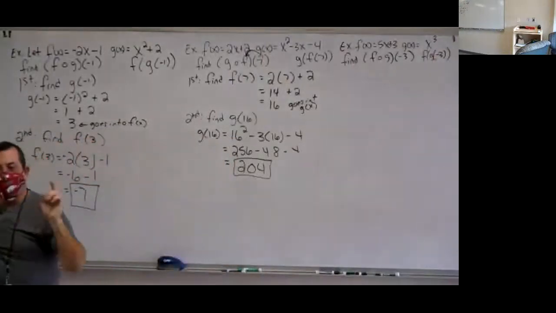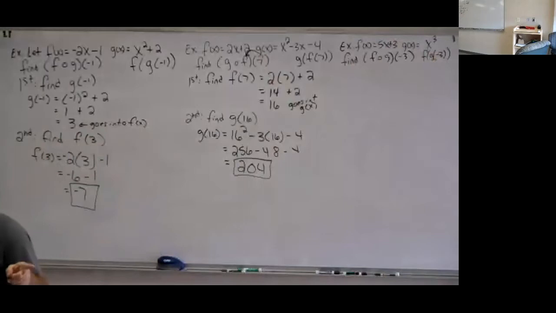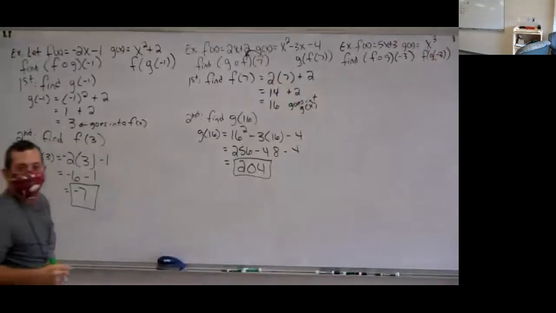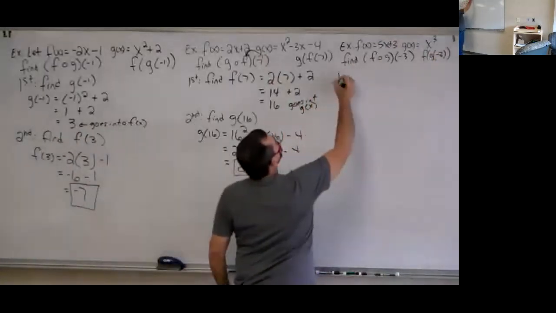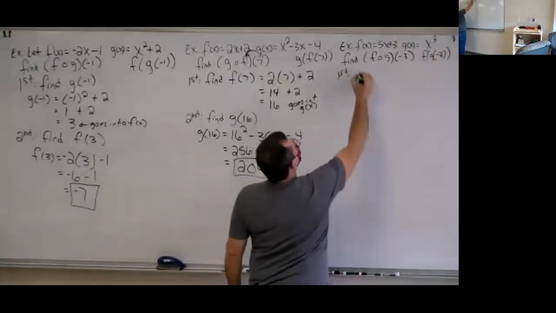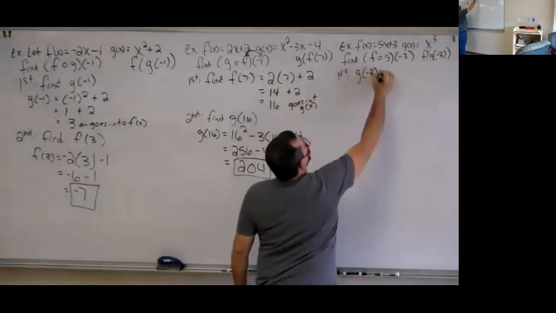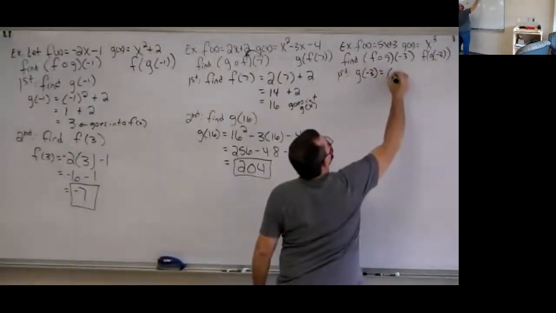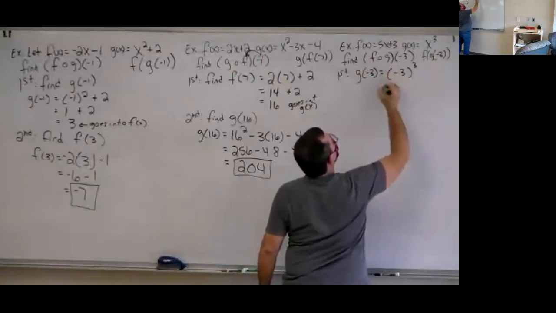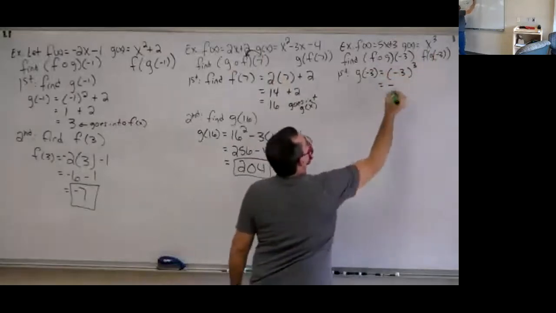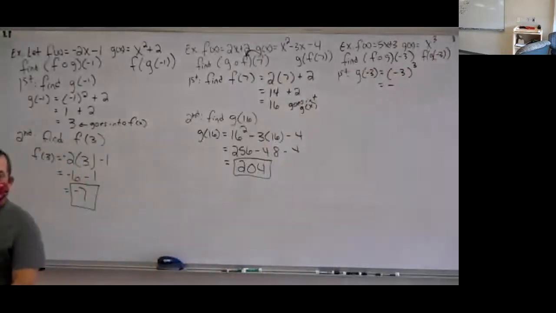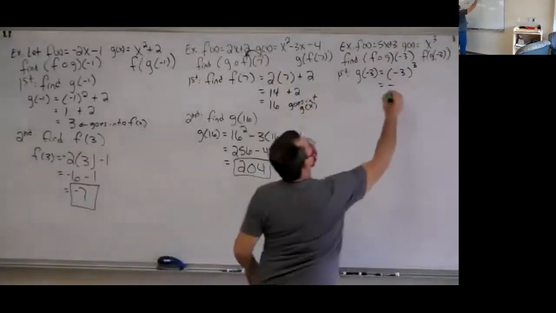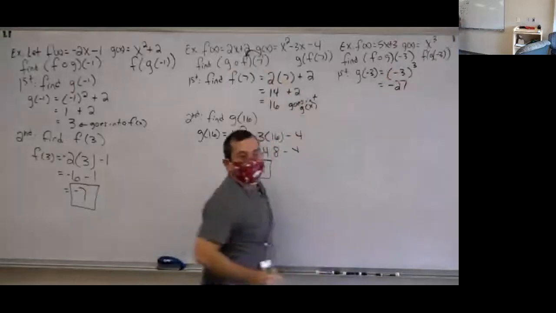So first I'm going to do g, and that's a g of negative 3. Oh, but g is x to the third, so that's basically going to be a negative 3 to the third power. So I know a negative to an odd exponent will stay negative, so we just got to figure out 3 times 3 times 3. 27. So I'm going to get a negative 27 for that, okay?